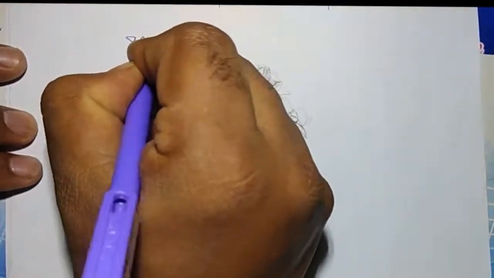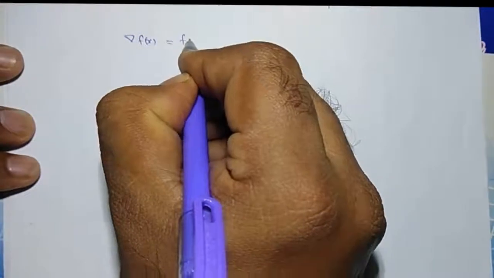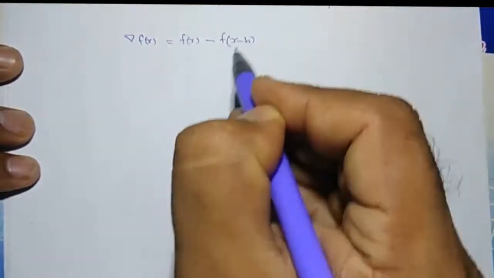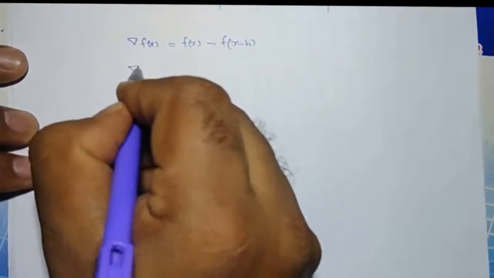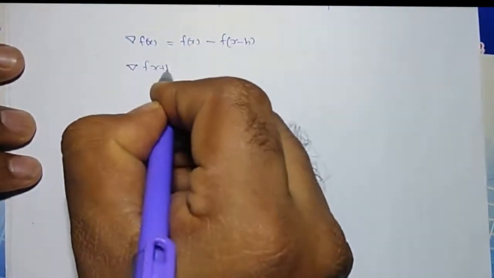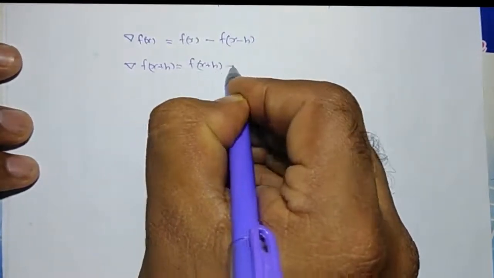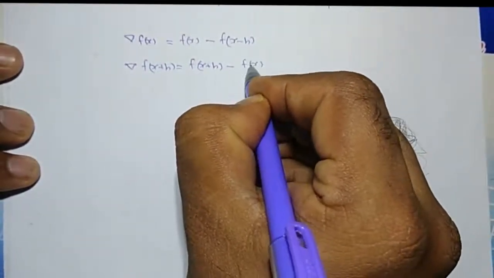There is an alternative notation for these backward differences. It's like this. Say nabla f of x equal to f of x minus f of x minus h. Then nabla f of x plus h equal to f of x plus h minus f of x.